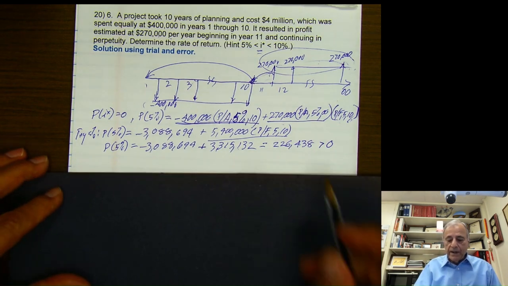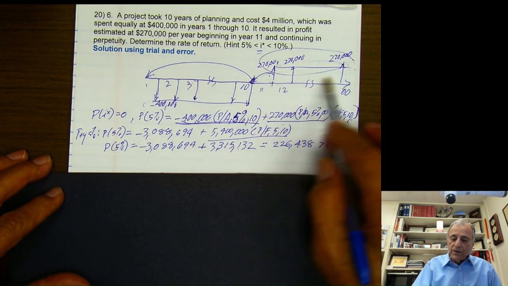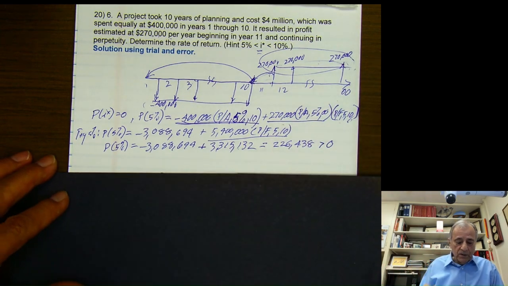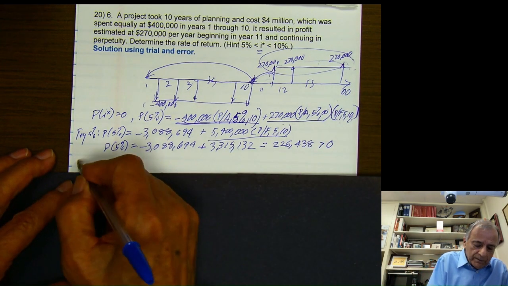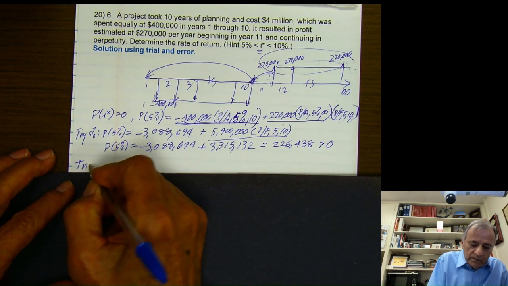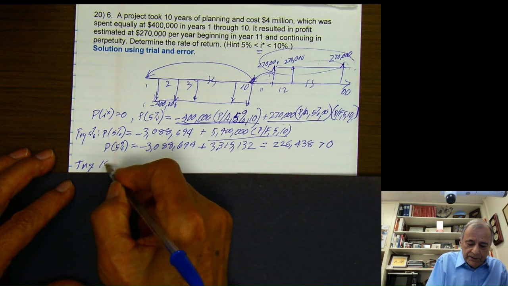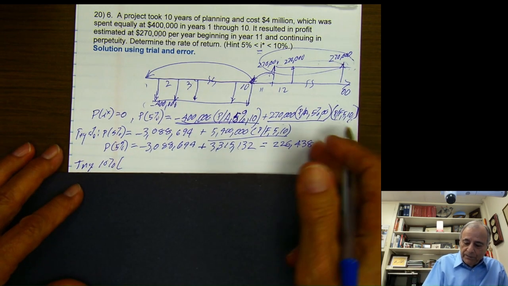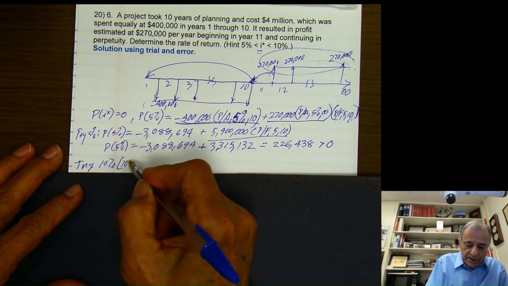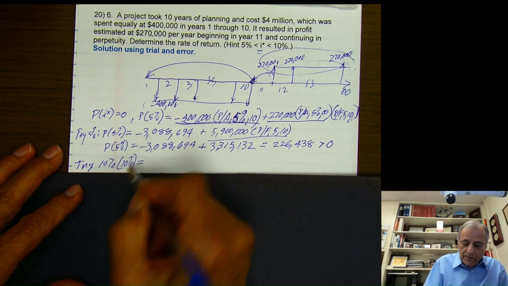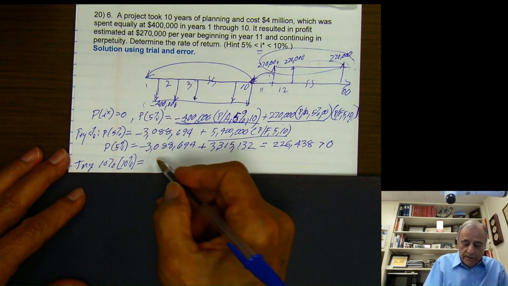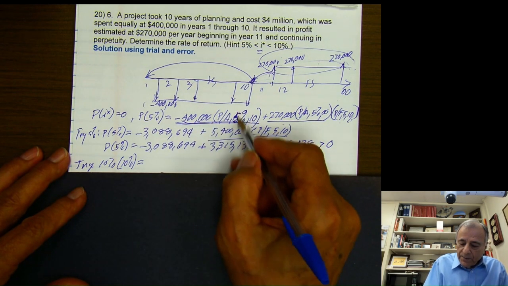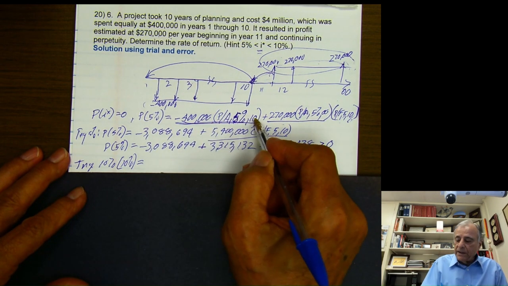because the higher the rate, the more the positive numbers over here are reduced. So now we're going to try 10%, because the author told me it's between those two. So this should be a negative value then at 10%. At 10%, the present worth of 400,000 P given A, 10% for 10 years.